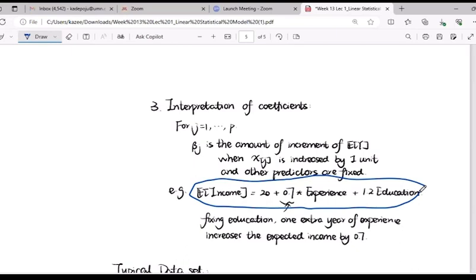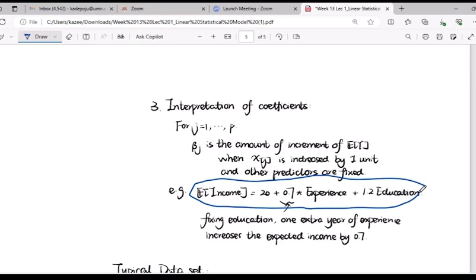Now, if I want to interpret this, it is positive here. This means after controlling for years of education, it is expected that average income is going to increase by 0.7. That is after controlling for that. And if I want to interpret the 1.2 here, after controlling for experience, or adjusting for experience, the years of education contributed on average 1.2 to the income.